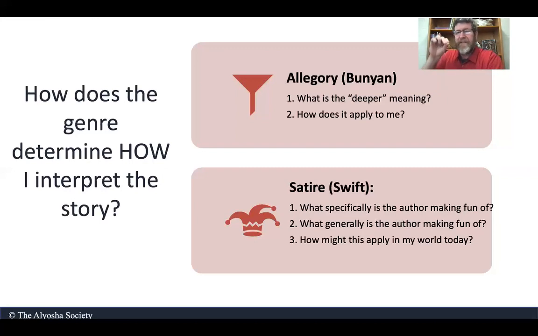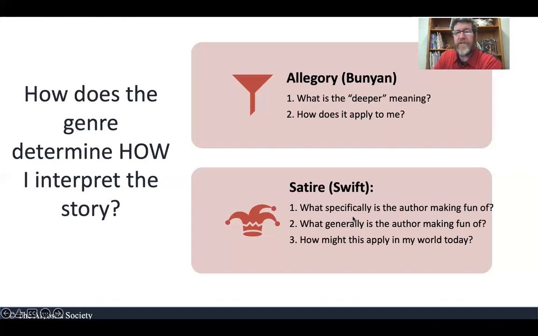Well, that's the specific thing that the author's dealing with. What generally is that story about? Well, generally speaking, sometimes Christians argue over silly things. How might this apply in our world today? Then I can start asking questions. What are the things that we Christians tend to argue about that are really kind of ridiculous and silly? You see that? So these are the rules. This is how you play the game.